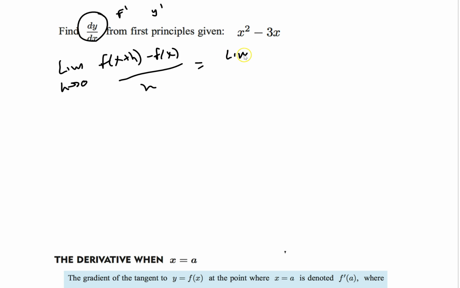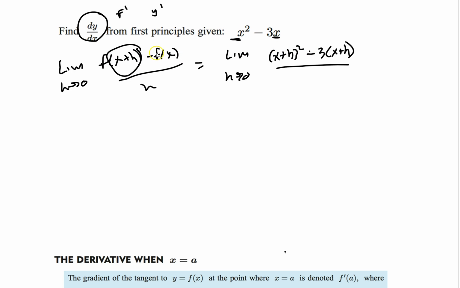So if I want the limit as h approaches 0, let's plug our stuff in, right? Now x plus h means plug in x plus h for the x's. I have 2 of them this time. Doesn't matter. X plus h squared plus minus 3 times x plus h. That's all of this part right there. I plug x plus h into both of them.